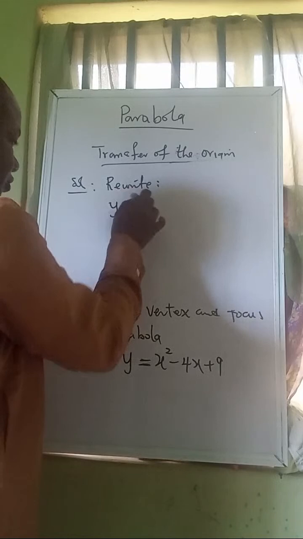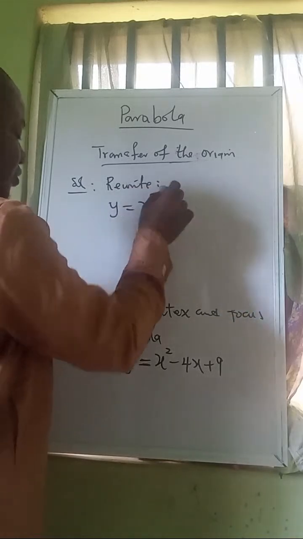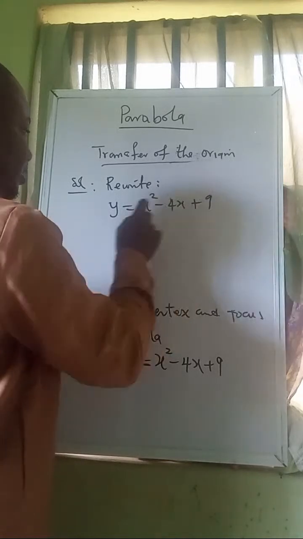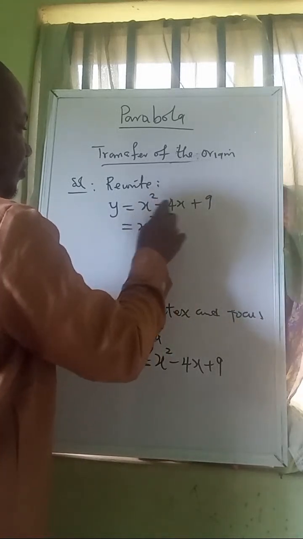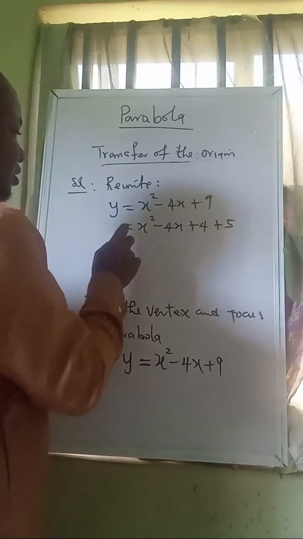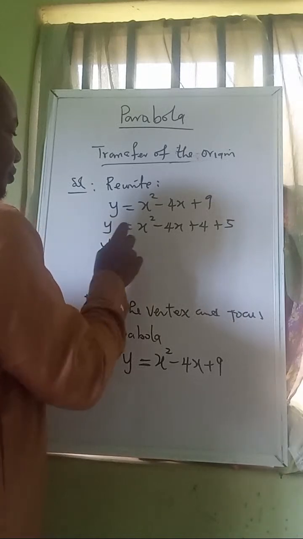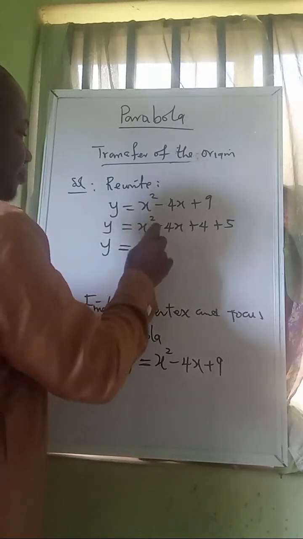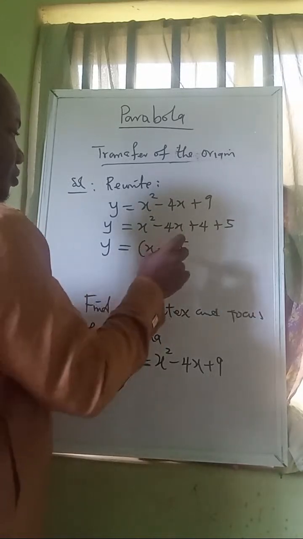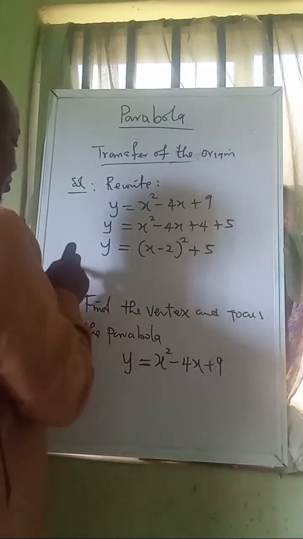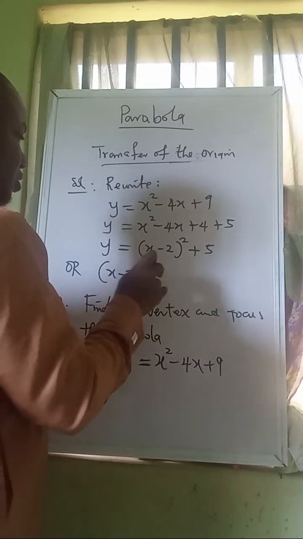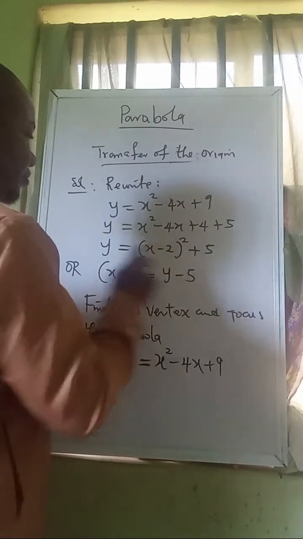We have y equal to x squared minus 4x plus 9. We can write this as x squared minus 4x plus 4 plus 5, so that this will be (x minus 2) squared plus 5. So I will say that (x minus 2) squared equals y minus 5.